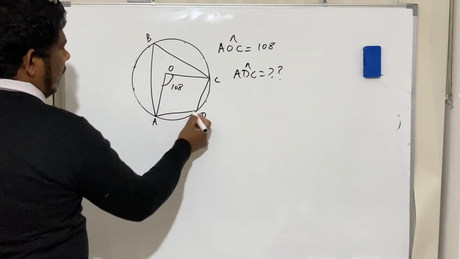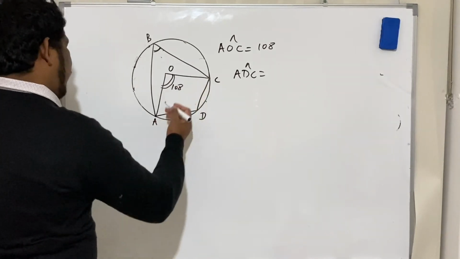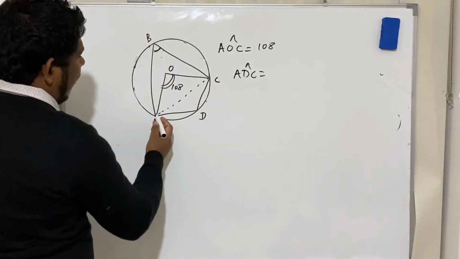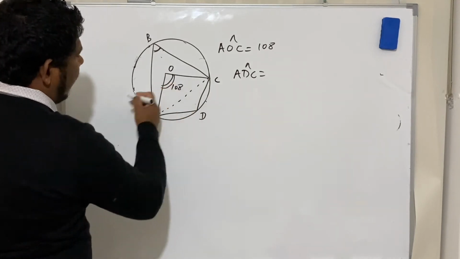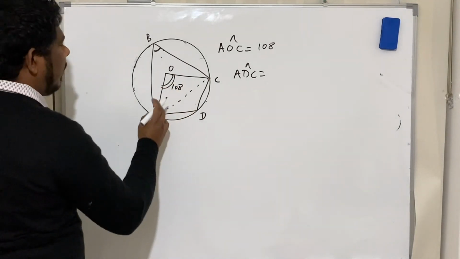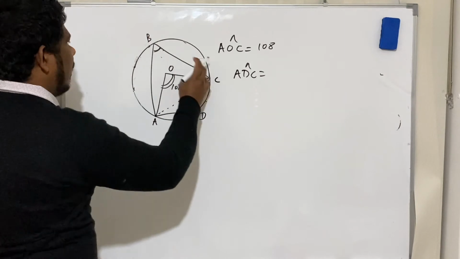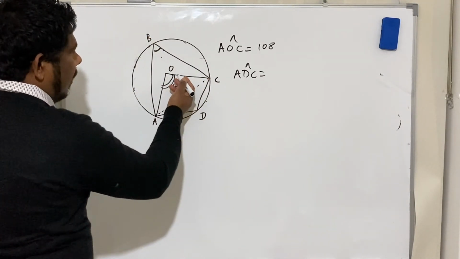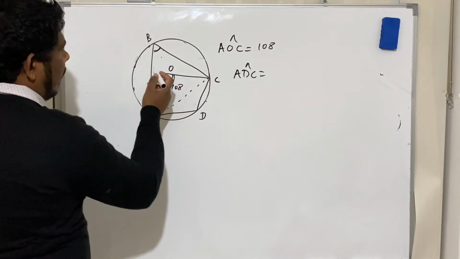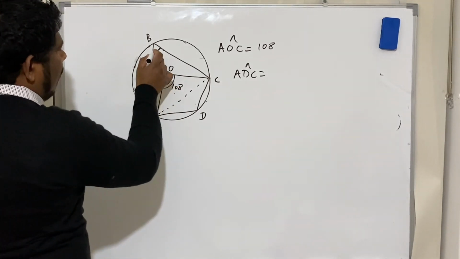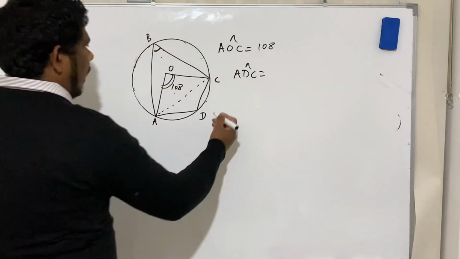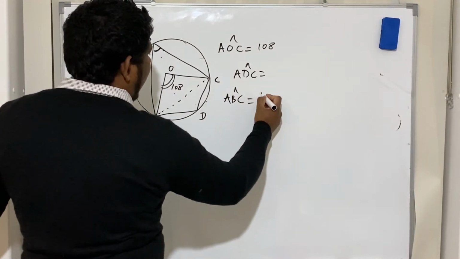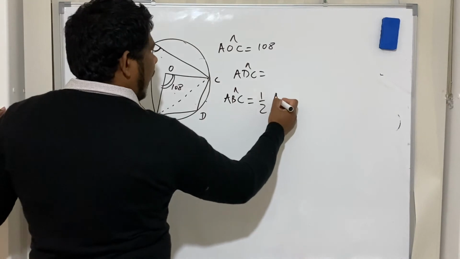If you imagine AC is a chord, it makes an angle at the center of 108. The same chord makes an angle at the circumference, ABC. So as per the circle theorem, this is twice this size. So angle ABC is half of angle AOC.